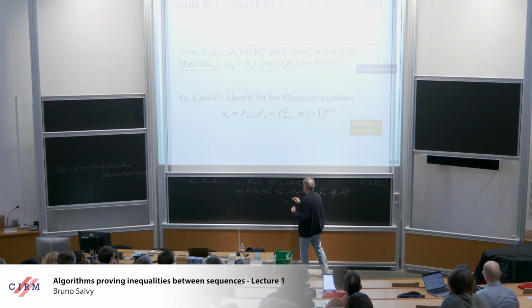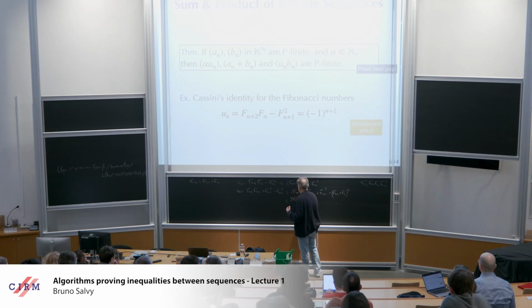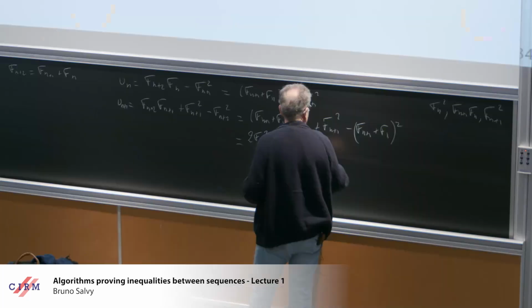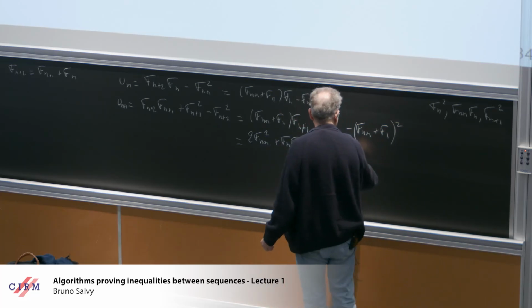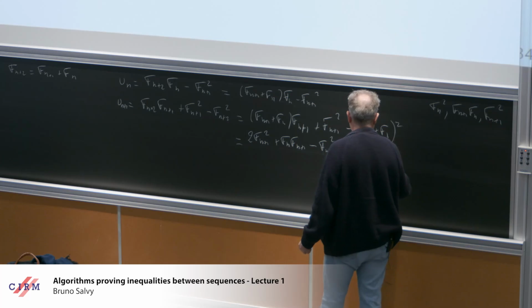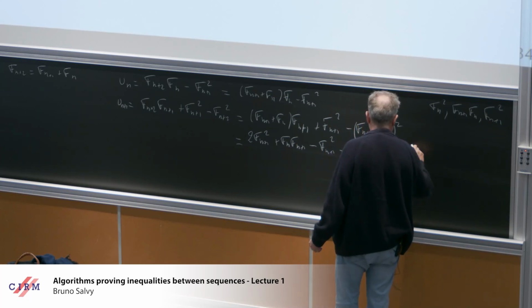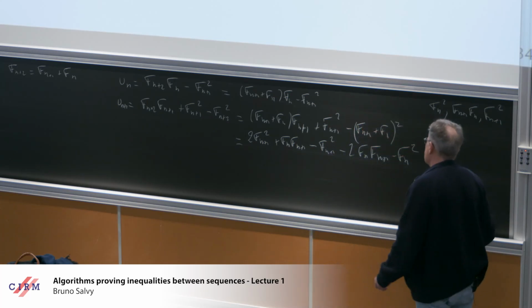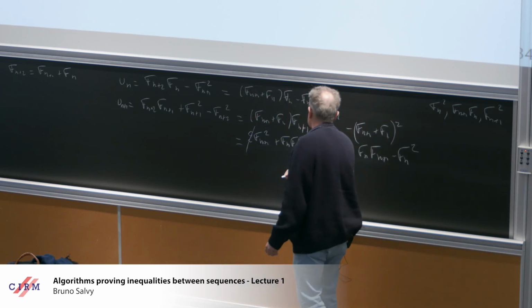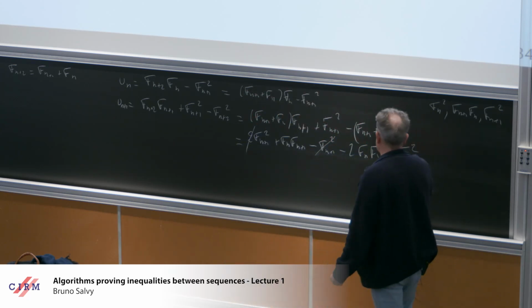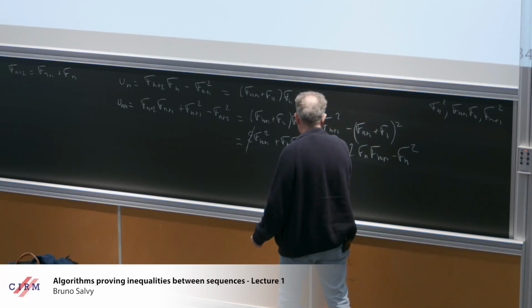So I get 2fn plus 1 squared here, plus fn plus 1, minus fn plus 1 squared, minus 2 fn plus 1, minus fn squared. So fn plus 1 squared disappears, fn minus fn plus 1, I get a minus here.